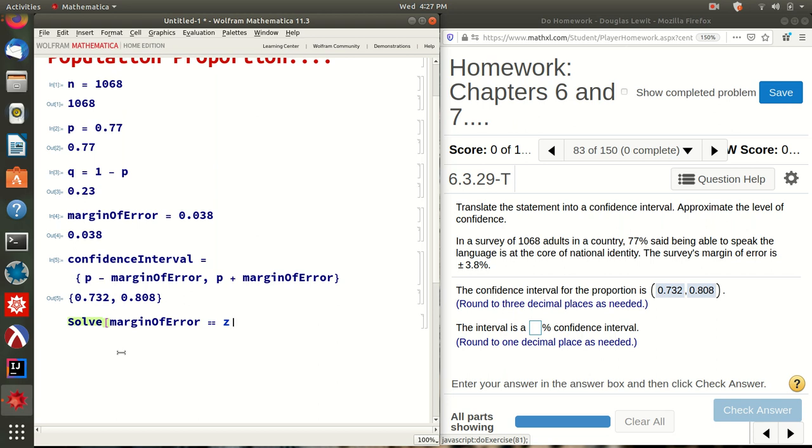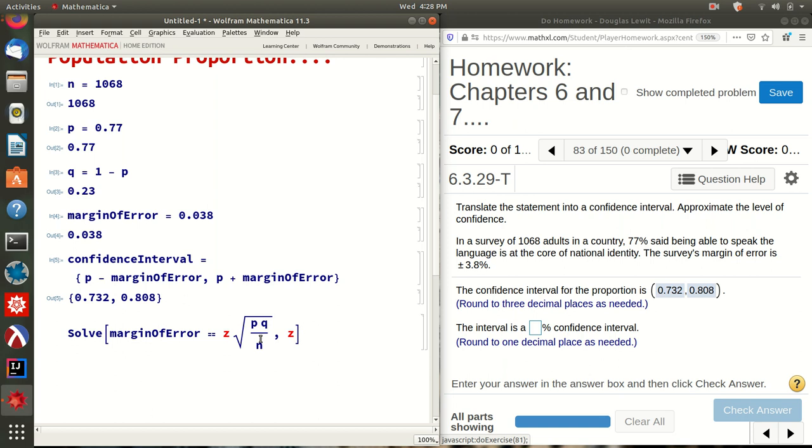Control 2, p times q, highlight this whole thing with my cursor, control divide by n, and then I'm looking for z.